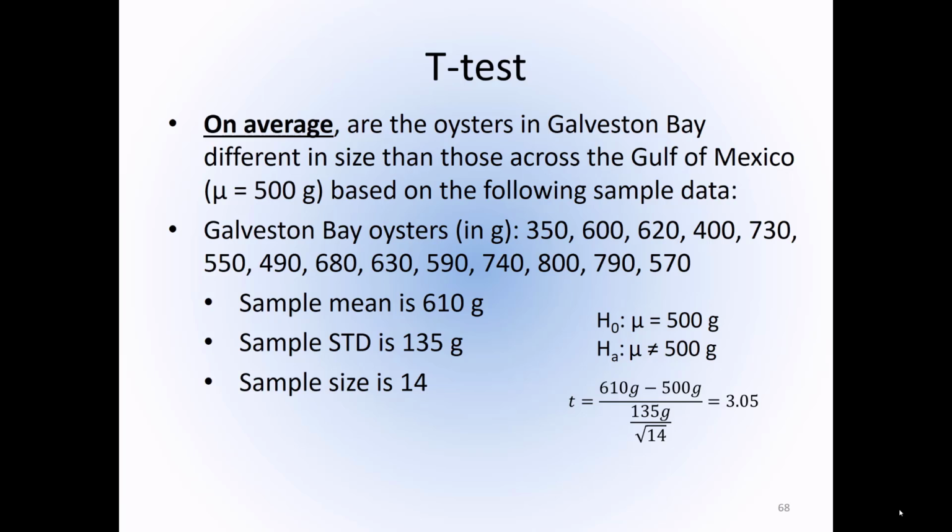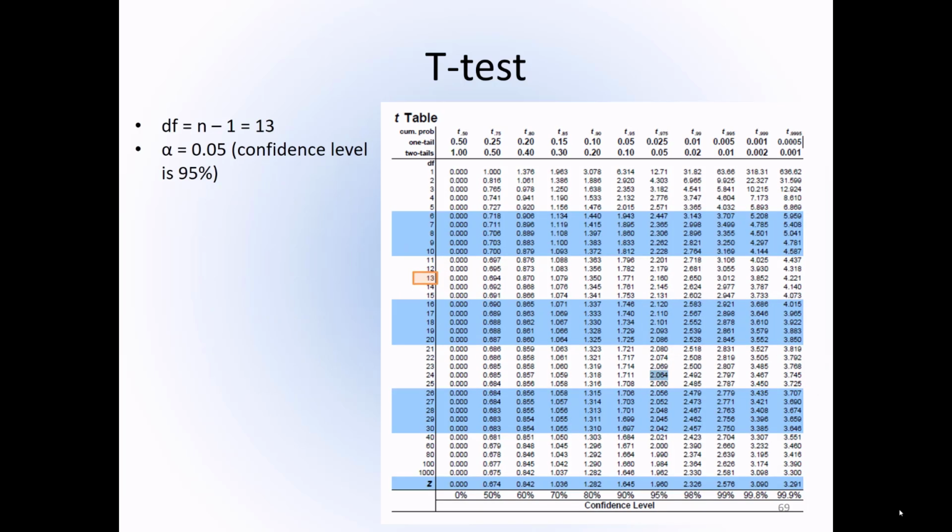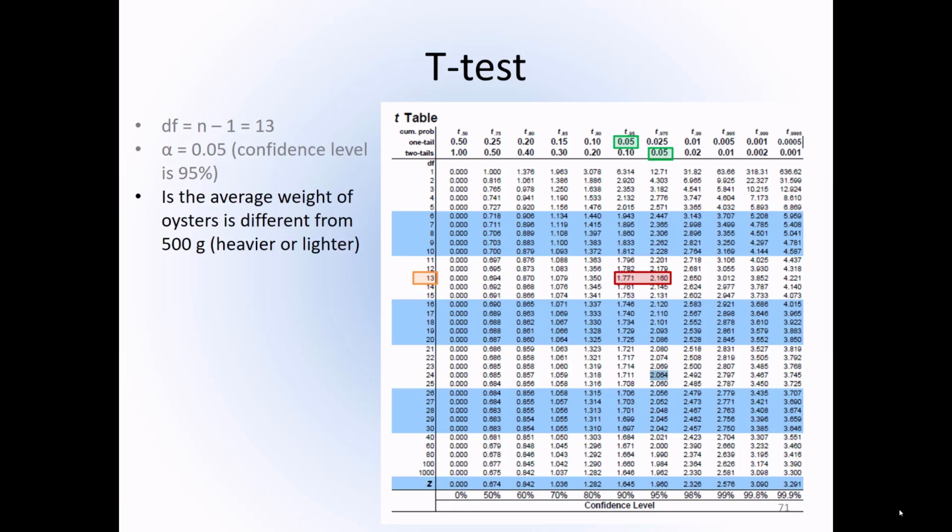So now that we've got our t value, we can then go to our t table. We know that our degrees of freedom is small n minus 1, so this is going to be 13. And we know that we want to set our significance level at 0.05. Now, we need to make our decision about which of these columns we want to use. In our particular case, we're just interested if there's a difference between the oysters that we've sampled and the 500 grams that are hypothesized to be the population mean.